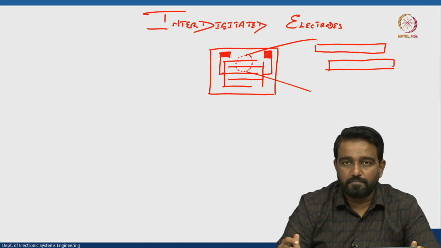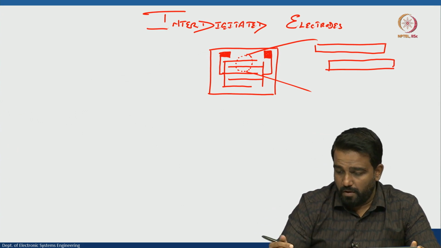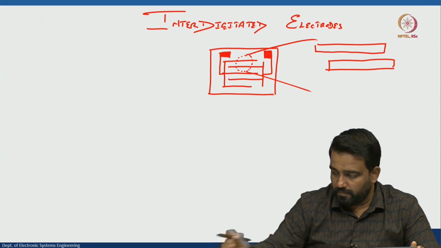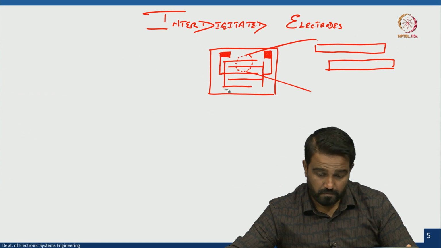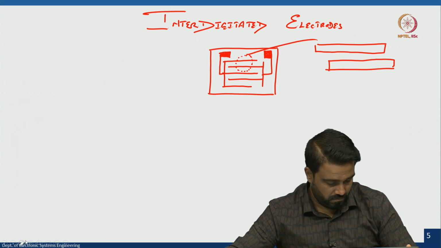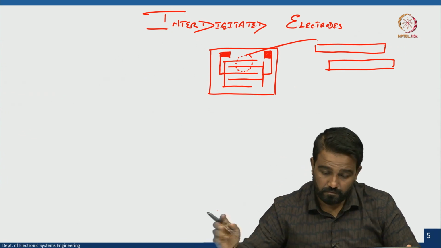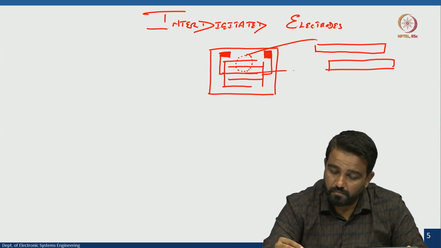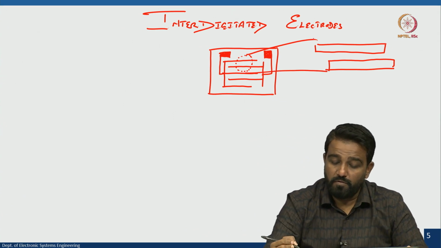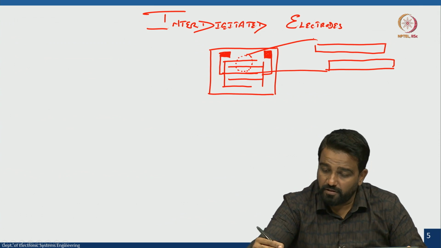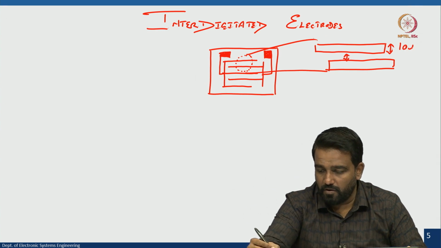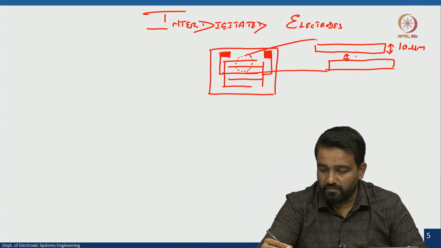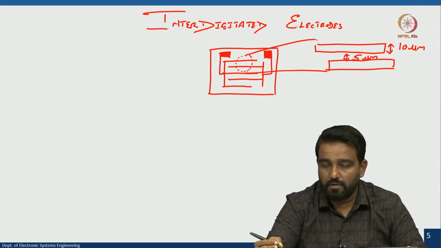Now, what we need to understand is what is the width of this, right, and what is the spacing. So, let us say width is 10 microns, spacing is 5 microns, right.